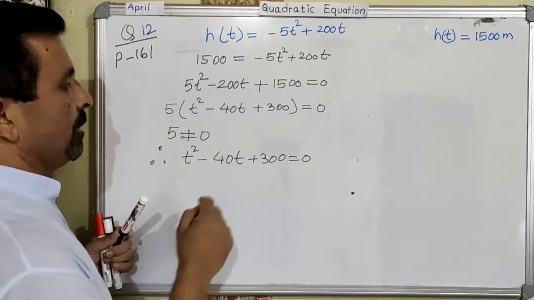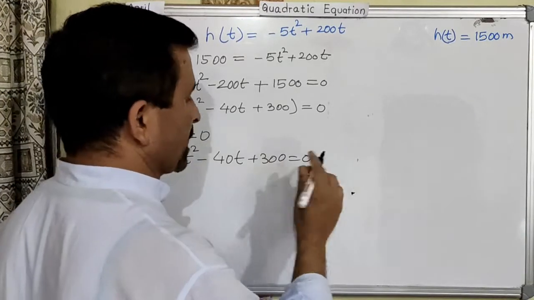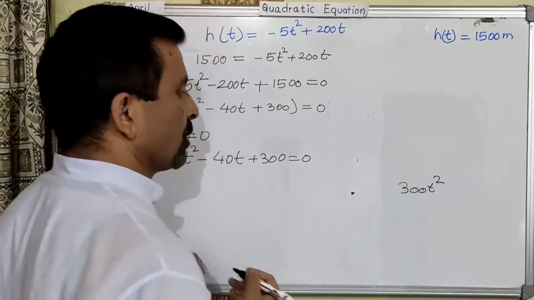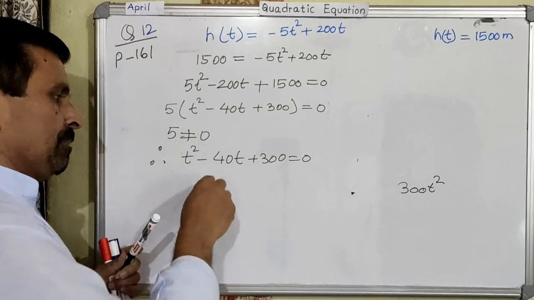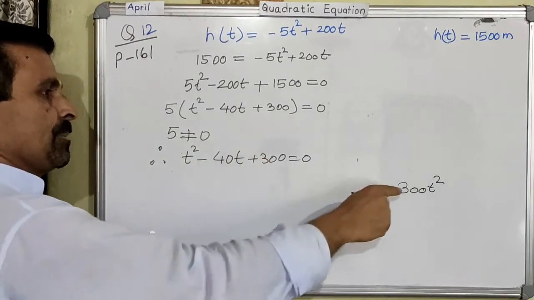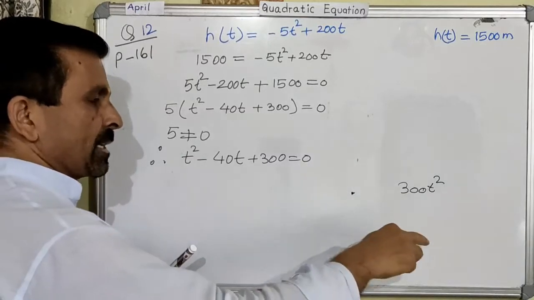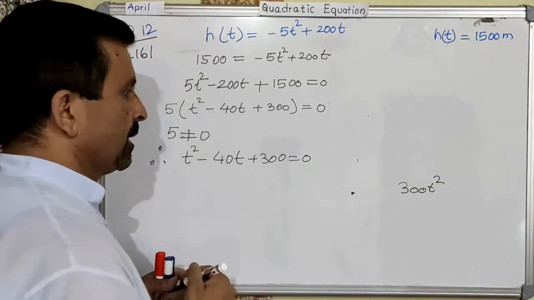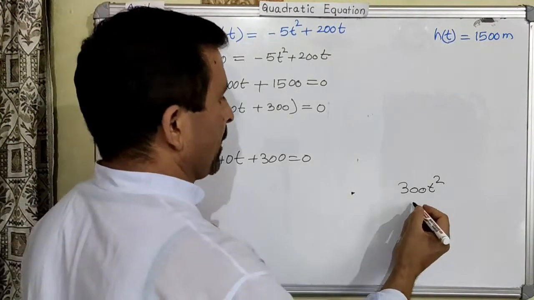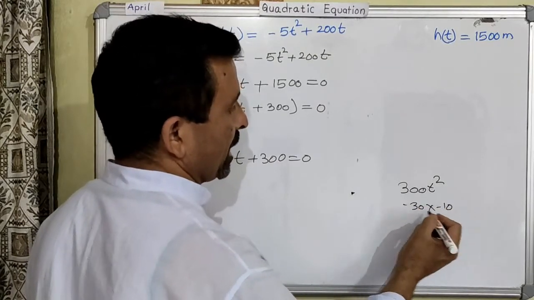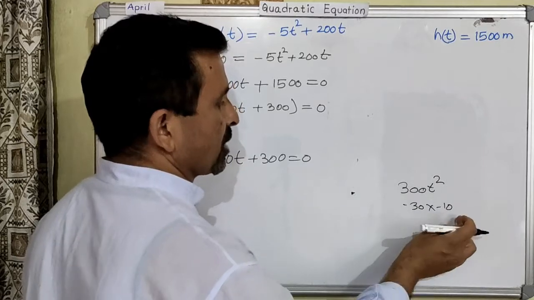The product of these two will be 300, and both are positive. The first and the last term are positive, therefore the product is also positive. But when the product of the first and the last term is positive and the middle term is negative, please remember the technique that both the factors have to be negative, right? So if I say minus 30 into minus 10, you are going to get the positive product, and also the sum of these two.